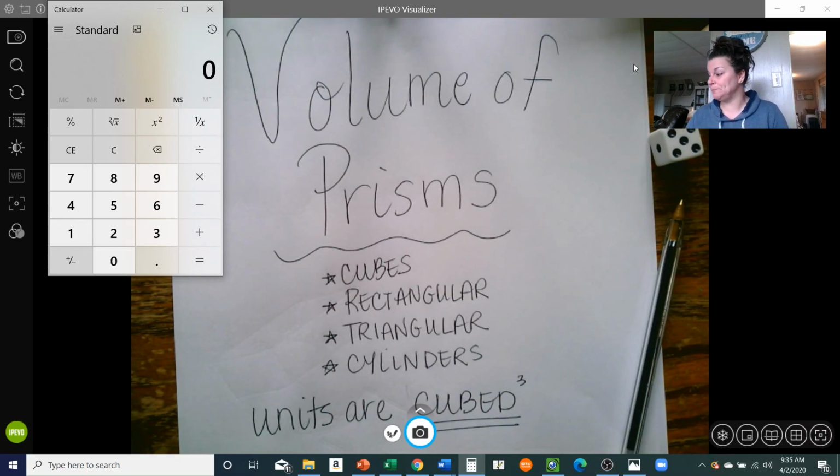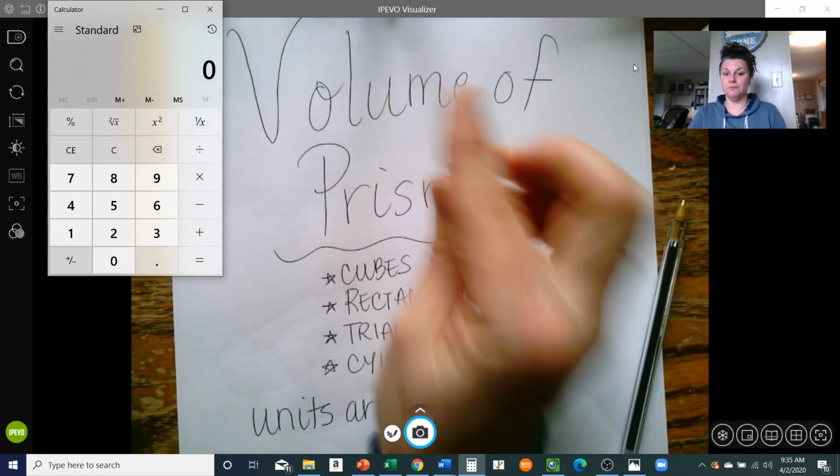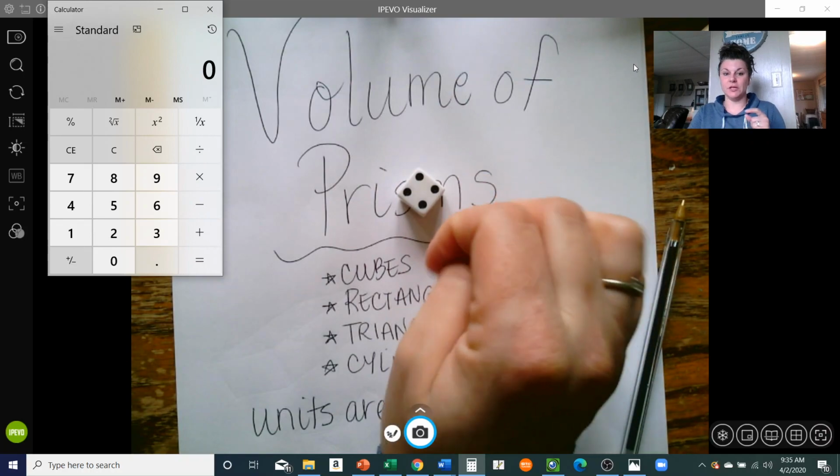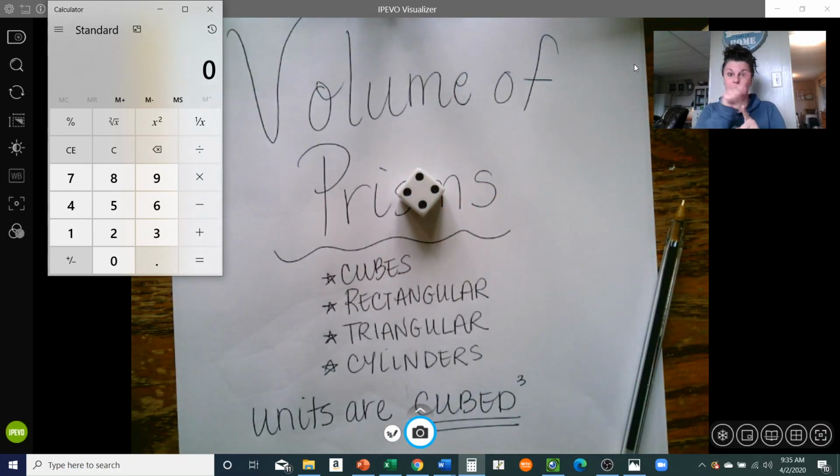So to begin with, when we're talking about volume, we've talked about perimeter. Perimeter is the distance around something. It's a linear measurement. I can say I want 5 feet of trim, and somebody can give me a stick that's 5 feet long that I can put up on a window or whatever I'm trimming.